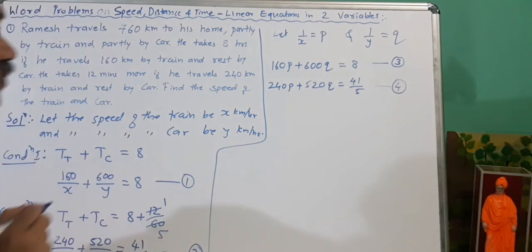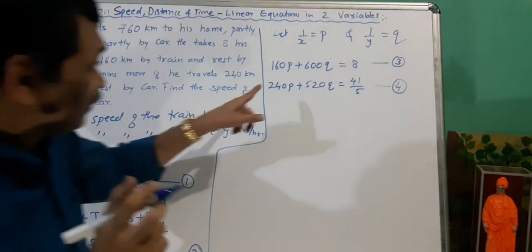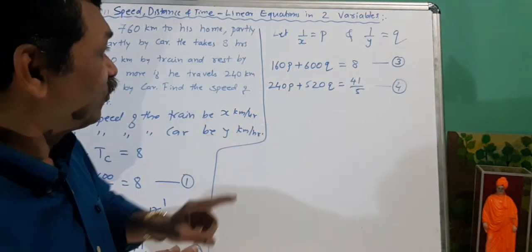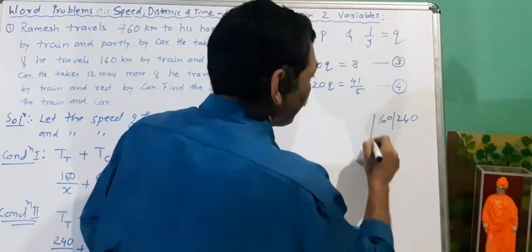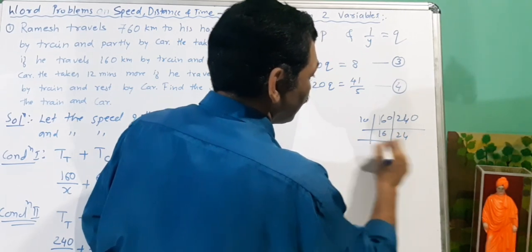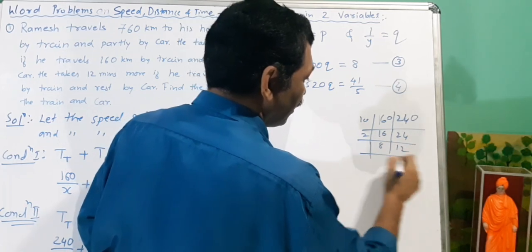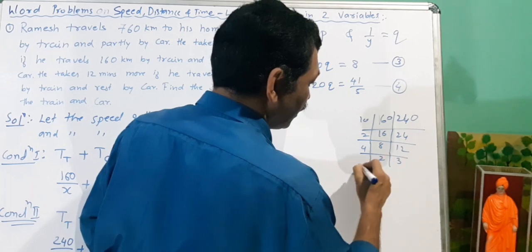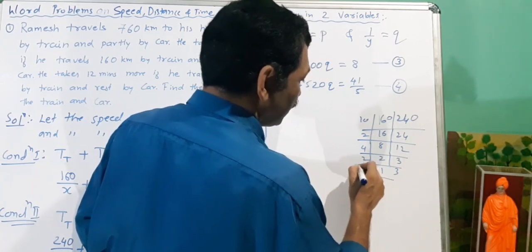Now solving these two equations by any of the three methods. Instead of multiplying 240 and 160, I will find the LCM of 160 and 240. I'll take 10, 16 and 24, then 2, 8 and 12, then 4, 2 and 3, 2, 1, 3.